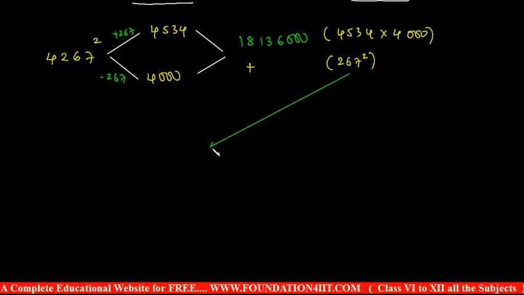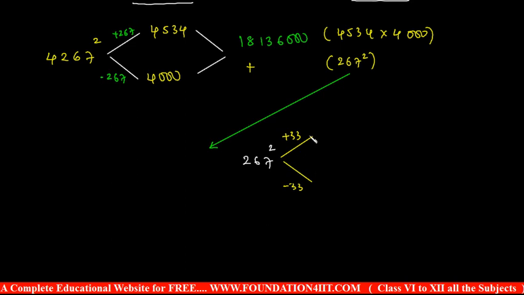Let me show it here. For 267 square, the nearby round figure is 300, which is 33 less, so we take plus 33 and minus 33.